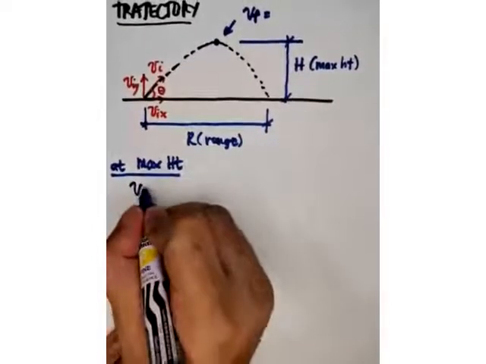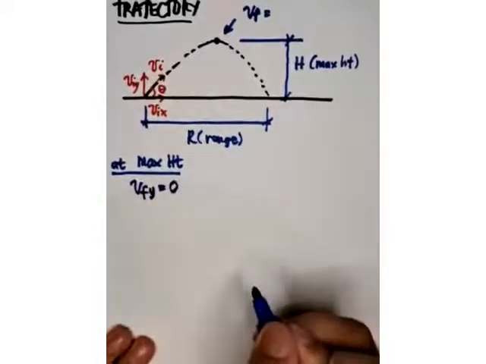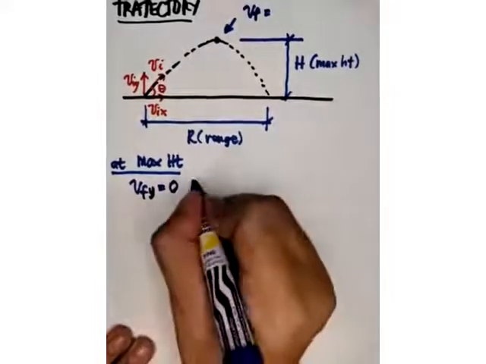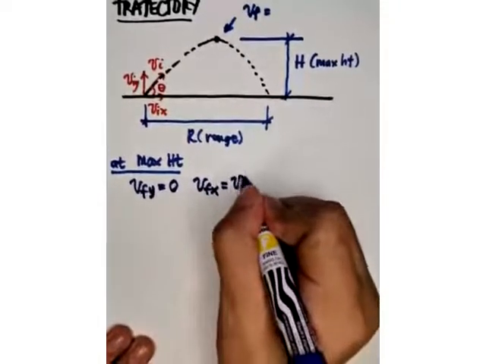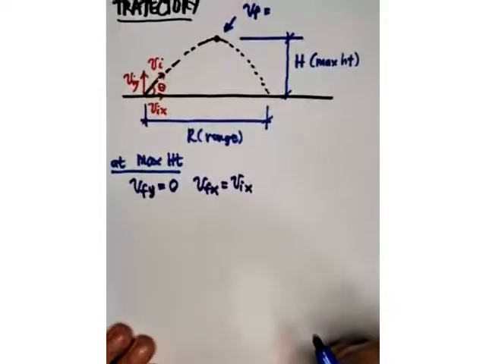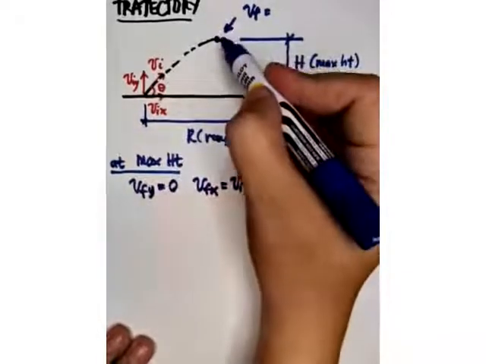At maximum height, the final velocity along y is 0. But the final velocity along x is equal to the initial velocity. Tama ba? Yung y lang yung magze-zero.